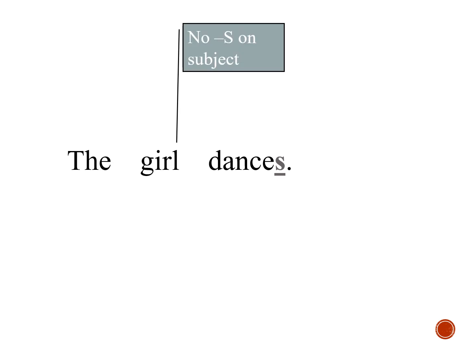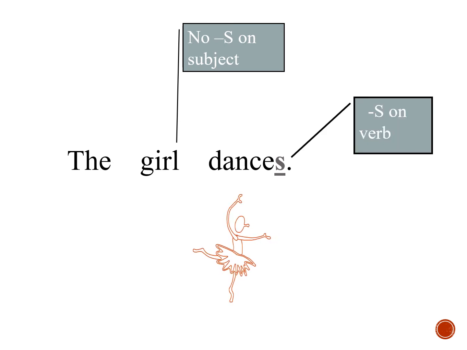The girl dances. The subject has no s, so you put s on the verb. The girls dance. There is s at the end of the subject, so you do not need to put s at the end of the verb.